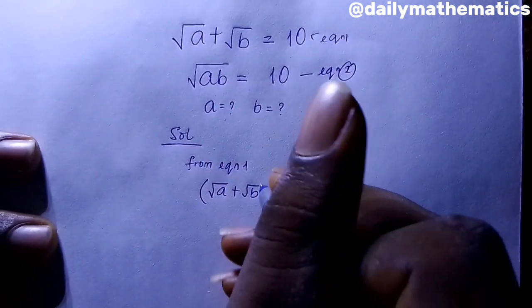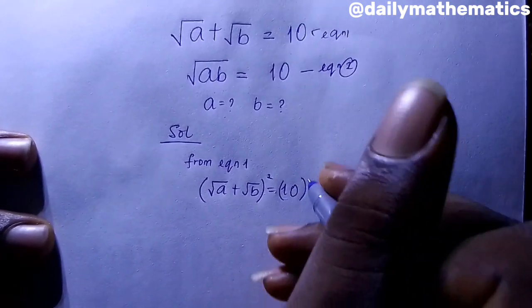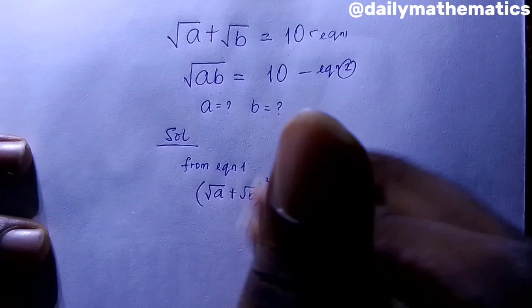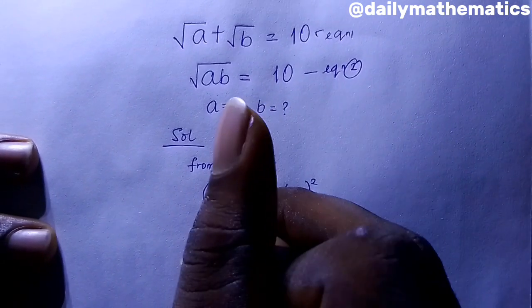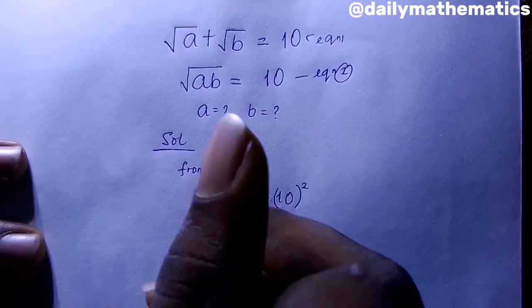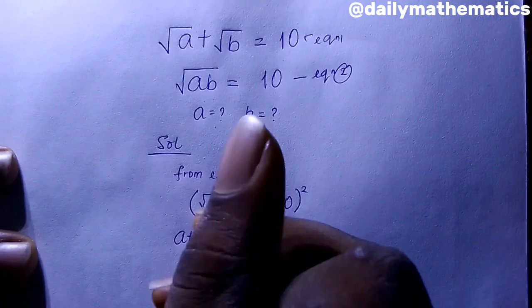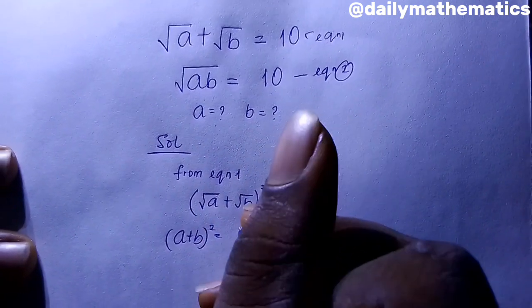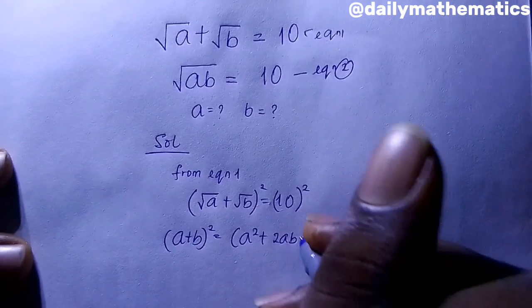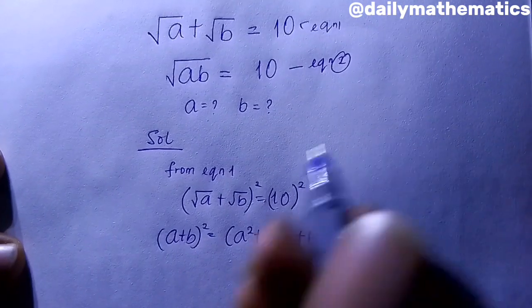Now we want to square both sides. So we have root a plus root b altogether squared equals 10 squared. Now when we have a plus b squared, it will give us a squared plus 2ab plus b squared, and that's what we're going to put for this one.